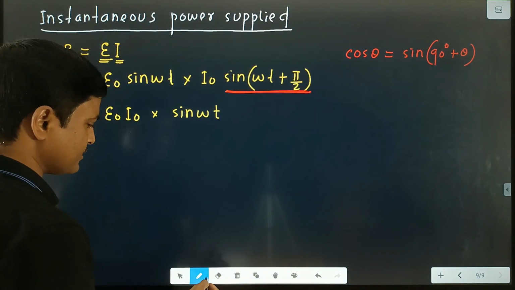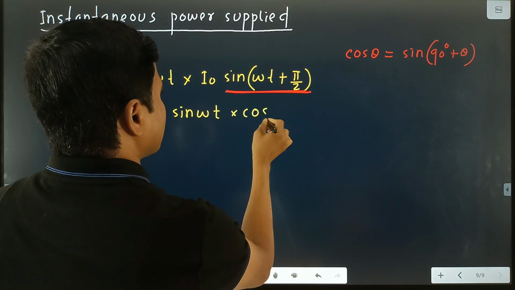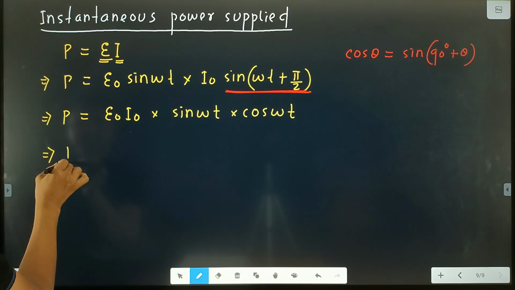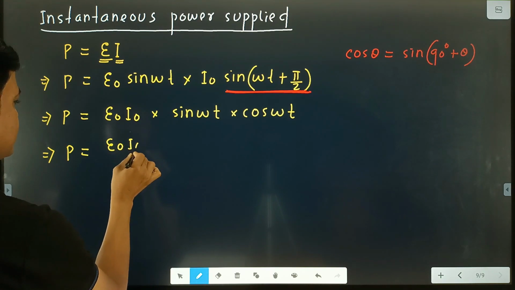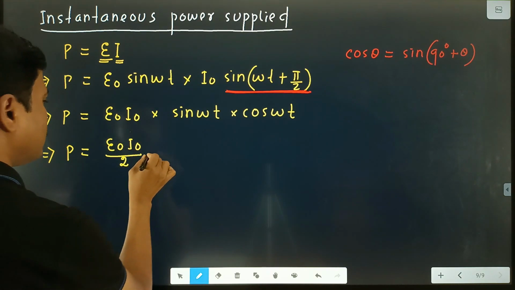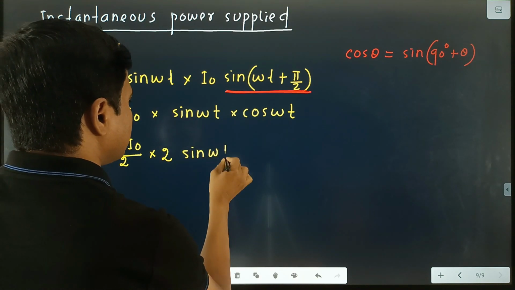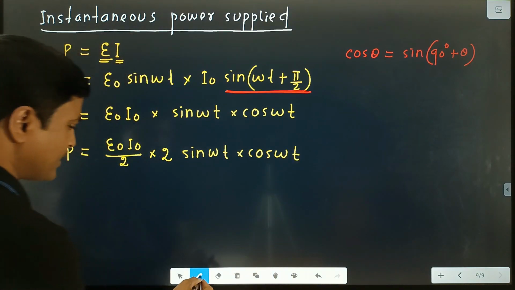So simply we write cos omega t. That implies instantaneous power supplied P is equal to E0 I0, here we divide by 2 and multiply by 2, remaining is sin omega t multiplied by cos omega t.